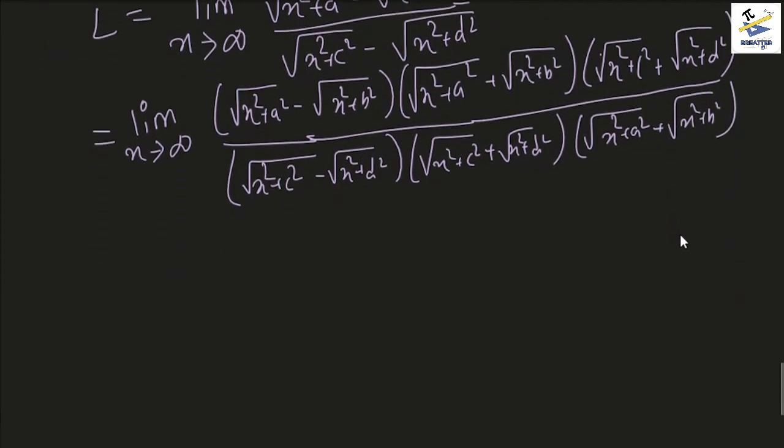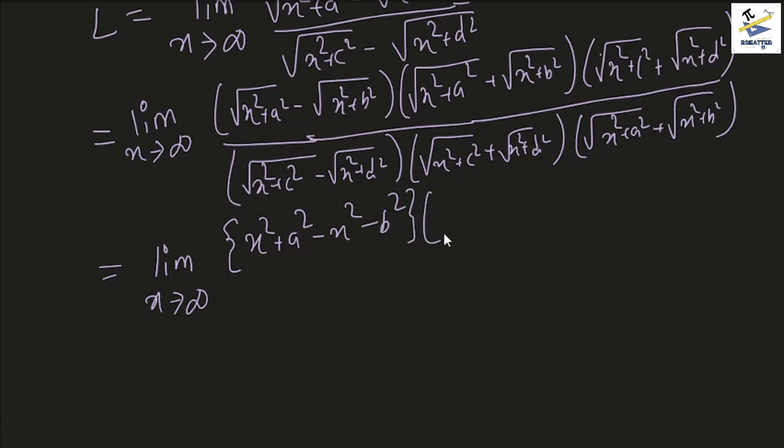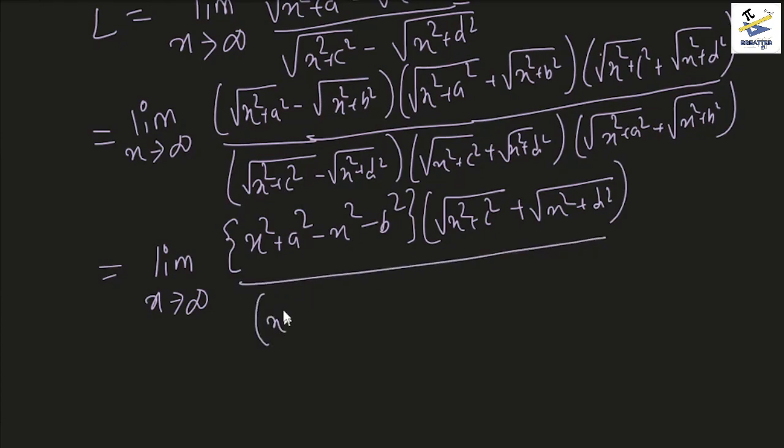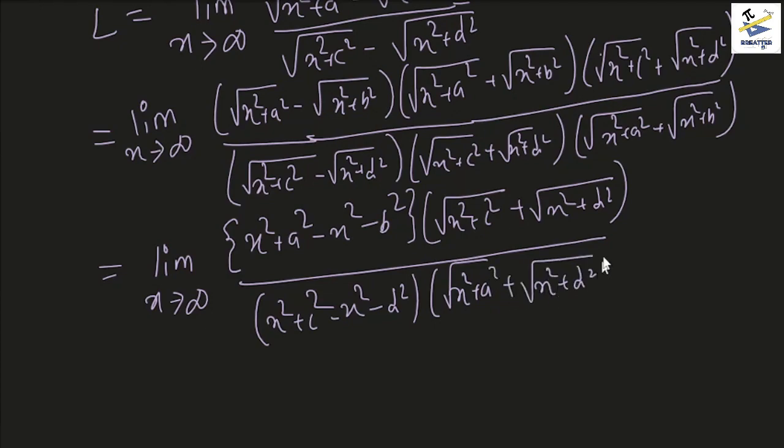Now once we apply the formula, because it's a minus b into a plus b, it turns out as follows. It becomes x square plus a square minus x square minus b square, into root over x square plus c square plus root over x square plus d square, over root. Similarly, in the denominator it becomes x square plus c square minus x square minus d square, into root over of x square plus a square plus root over of x square plus b square.